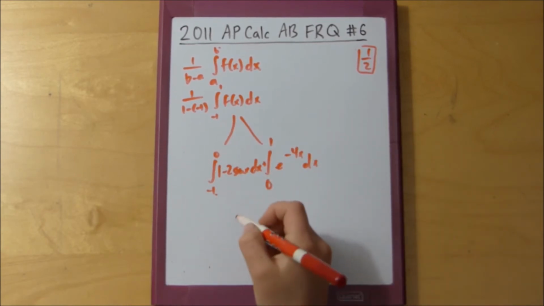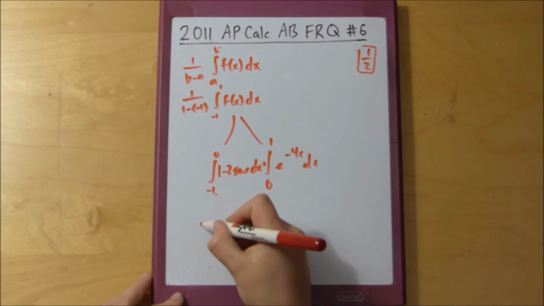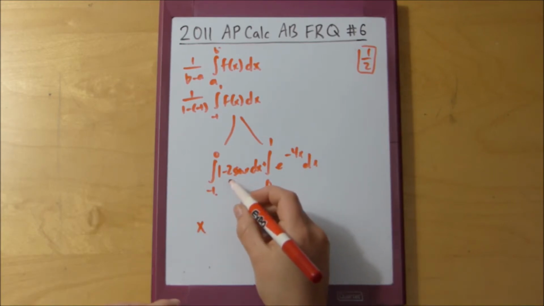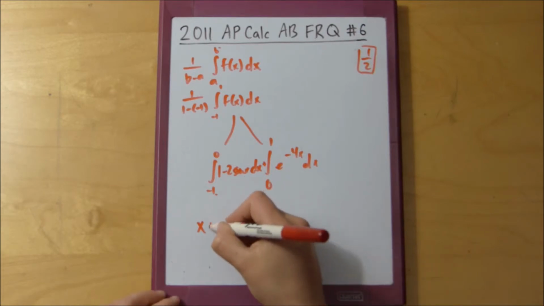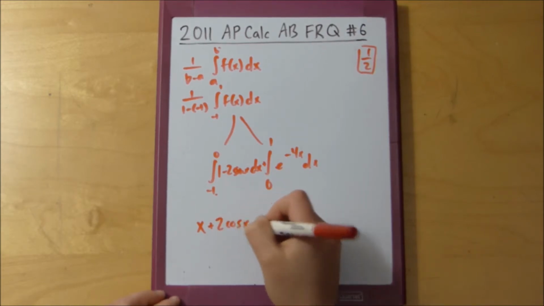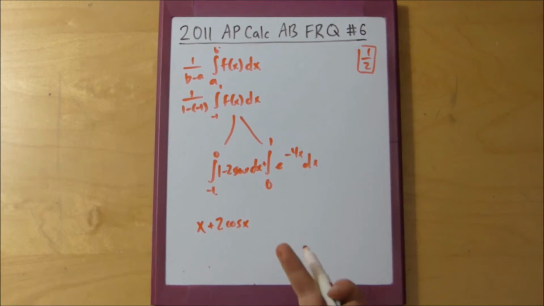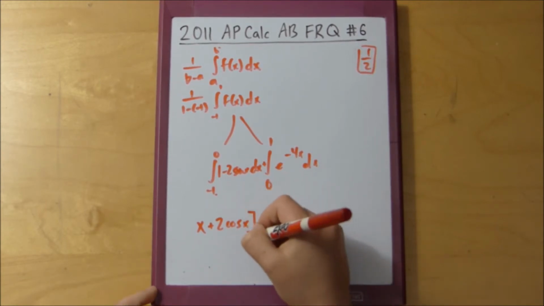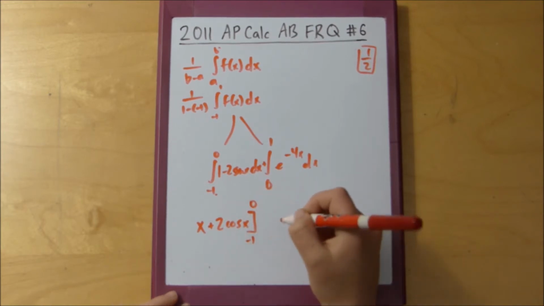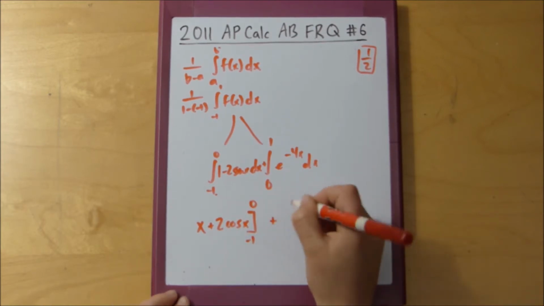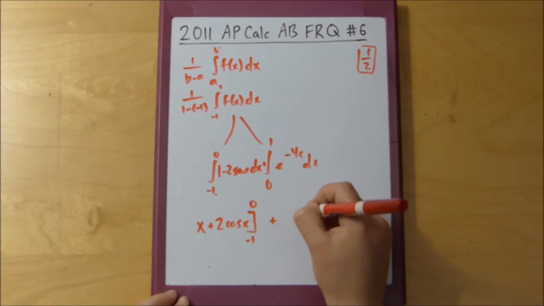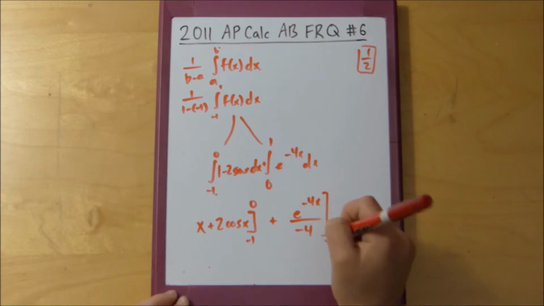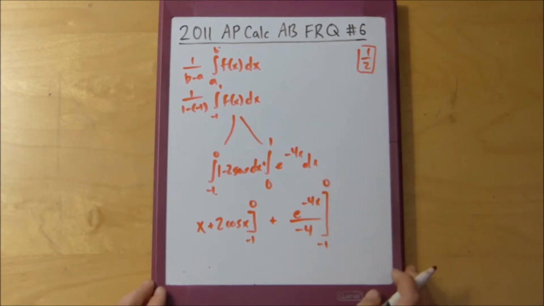So let's start integrating. The antiderivative of 1 is x, and then the antiderivative of negative 2 sine x is positive 2 cosine x. And we know that because cosine flips the sign whenever it derives. So this is from negative 1 to 0, and then the antiderivative of e to the negative 4x is just e to the negative 4x over negative 4, and this is from negative 1 to 0, right?